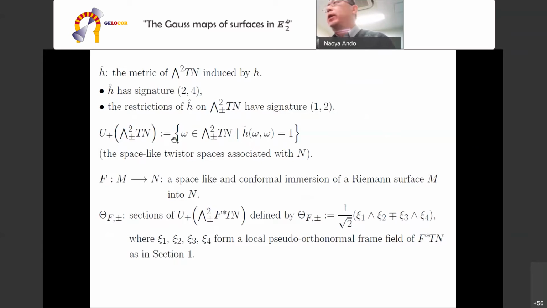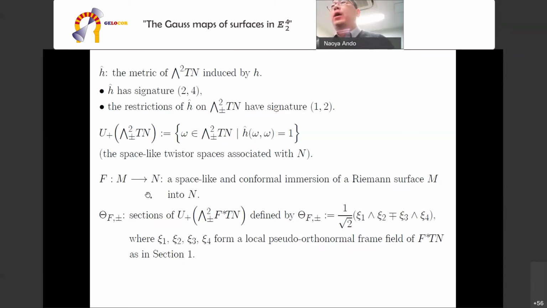We denote by these fiber bundles of these two subbundles satisfying this condition. We call these fiber bundles the space-like twistor spaces associated with N. Each fiber is given by a hyperboloid of 2 sheets.